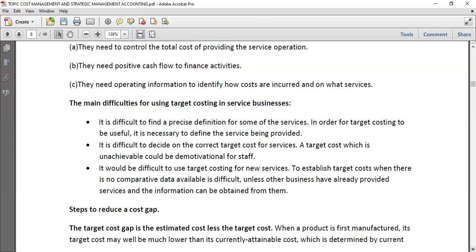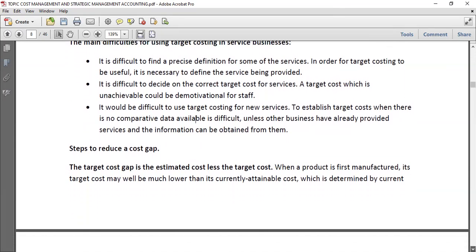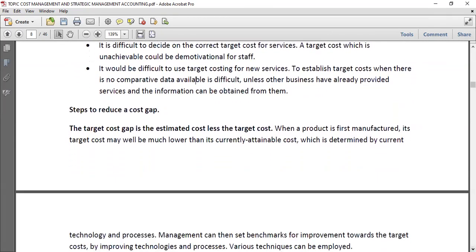The other aspect is that target costing does not only end at determining the target cost and then comparing the target cost and the estimated actual cost. There are also steps that we can use to reduce the gap between the target cost and the estimated actual cost.